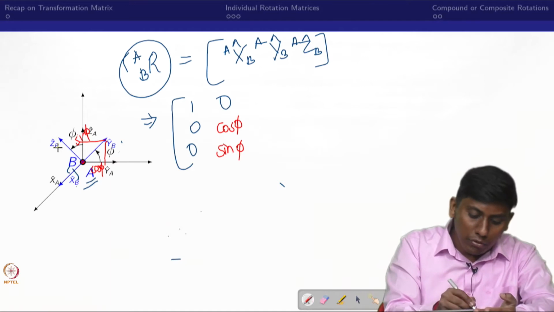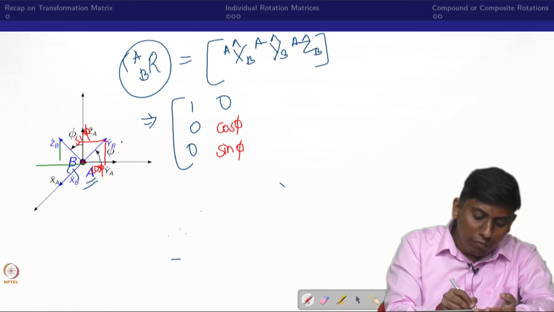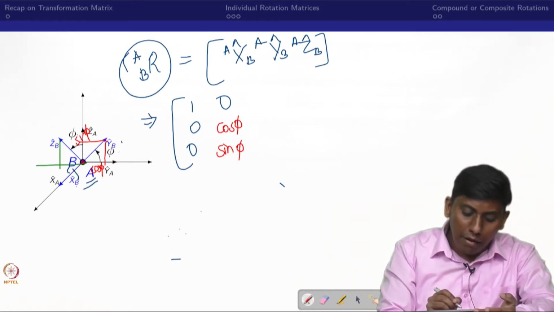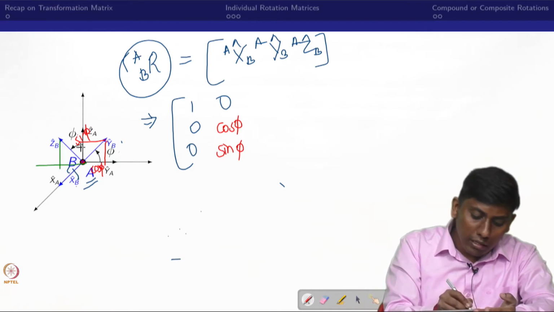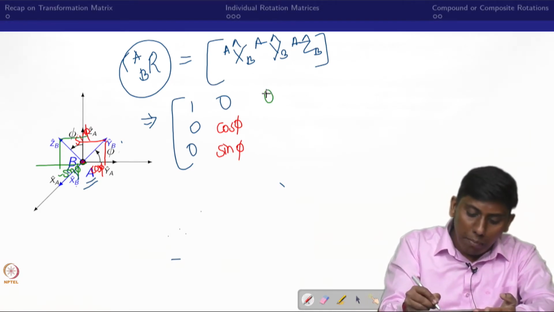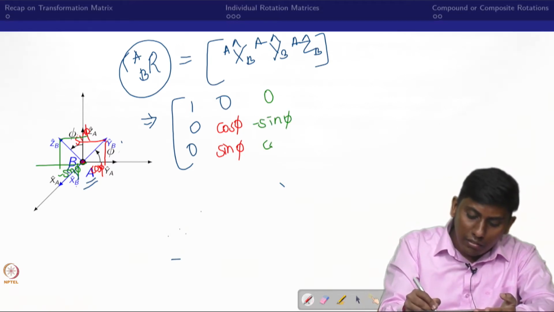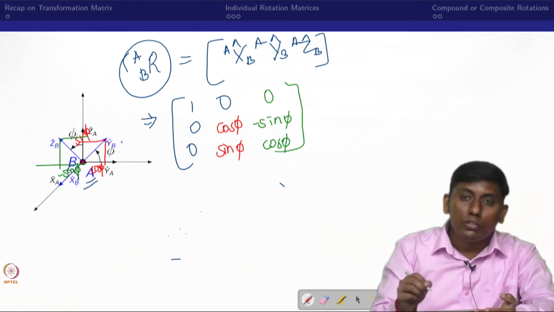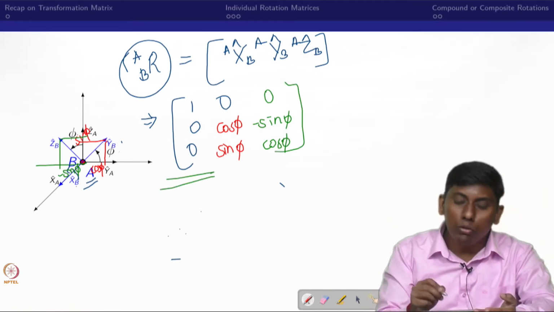Similarly, you can project the ZB unit vector on the YA frame. That would be cos of 90 minus phi, which is sin phi, but in the opposite direction, so minus sin phi, and this is cos phi. Like that we found the individual rotation matrix.